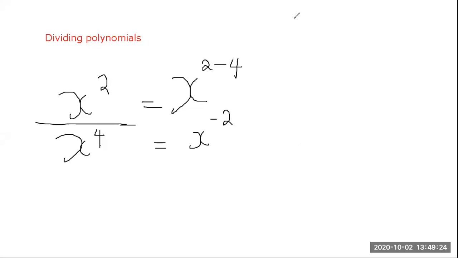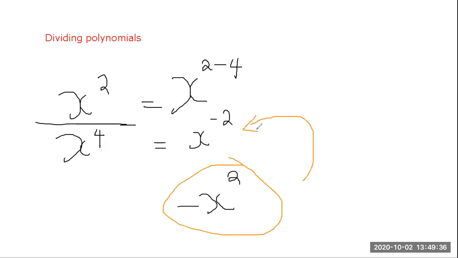I saw someone put something in the chat saying it would be negative x to the 2. This right here is something completely different from this, okay? So we don't want to make that mistake. And again, the bases have to be the same when I'm multiplying and dividing for me to be able to add or subtract the exponents. That's kind of how we do multiplying and dividing exponents.